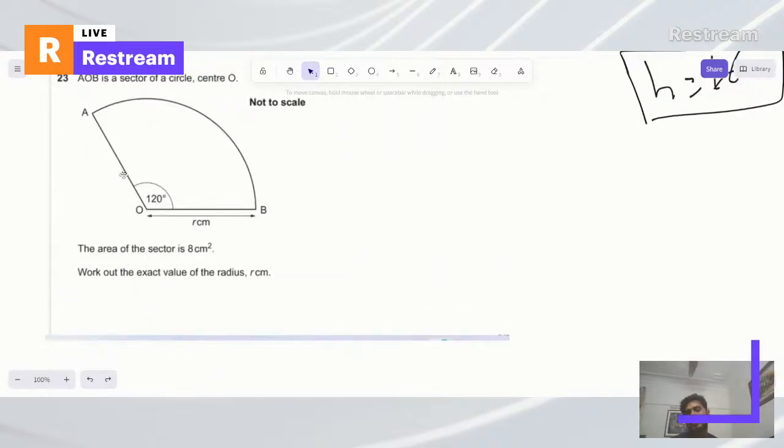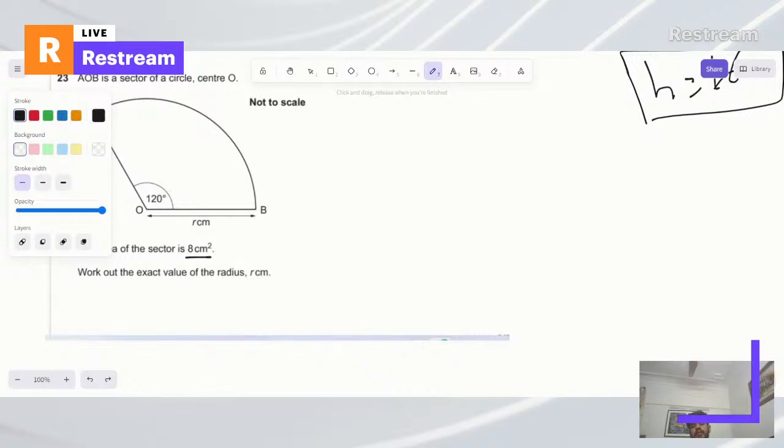Now this is a sector. It has an angle of 120. It has this length of radius which we need to find out. It's 8. We are given the value of the area.